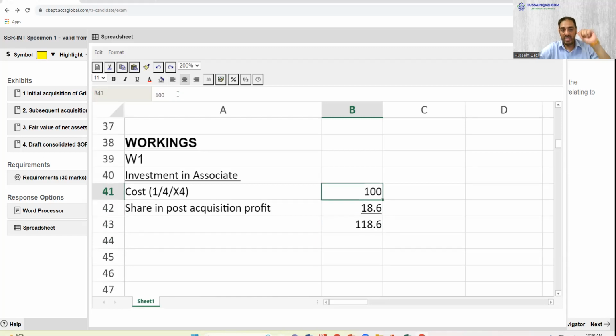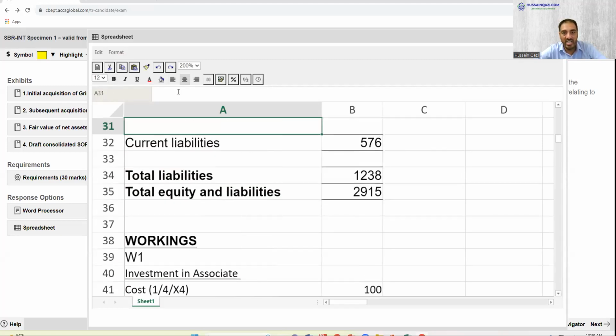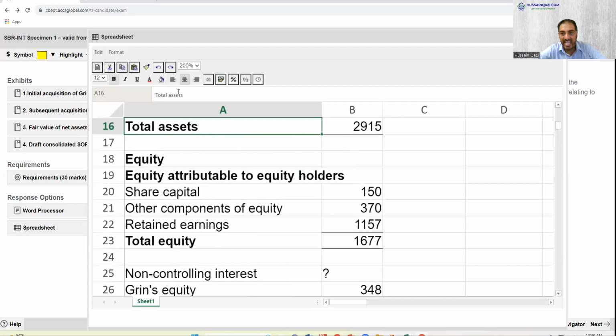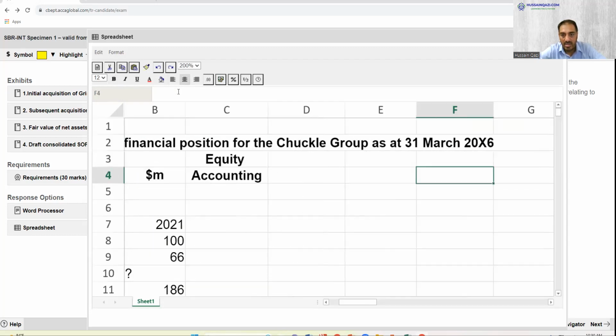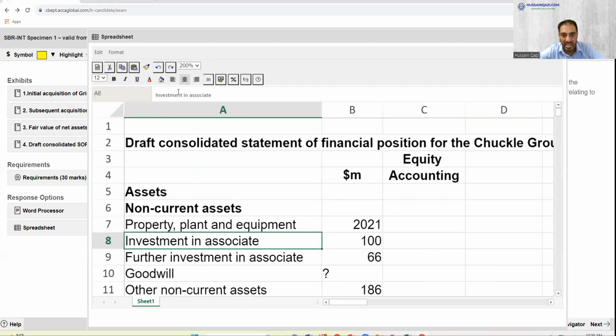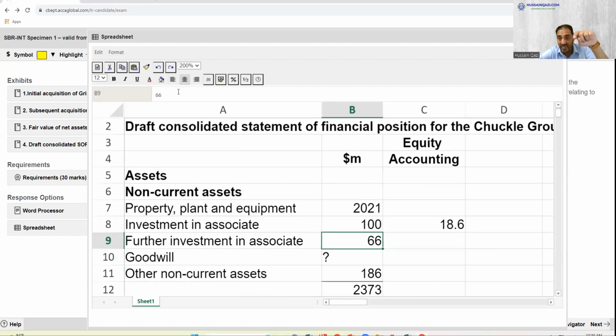This is equity accounting. And this share in post-acquisition profit is missing here. So important point is that this 18.6 investment in associate, you need to add with investment in associate.